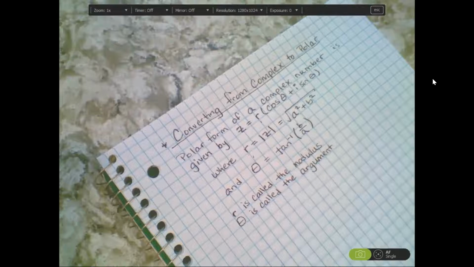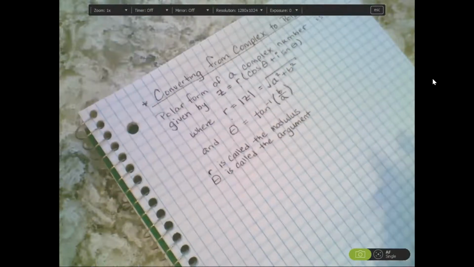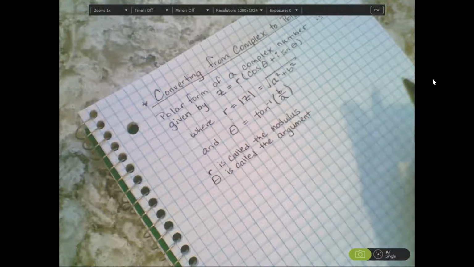You don't really need to know those. I'm throwing that little bit of vocabulary out at you, and you probably won't ever hear me mention it again. But you can sound fancy if you want to say, oh, this is the modulus, and oh, this is the argument. I'm probably never going to use those words again. I'm just going to say r and theta. But we'll throw that in there.